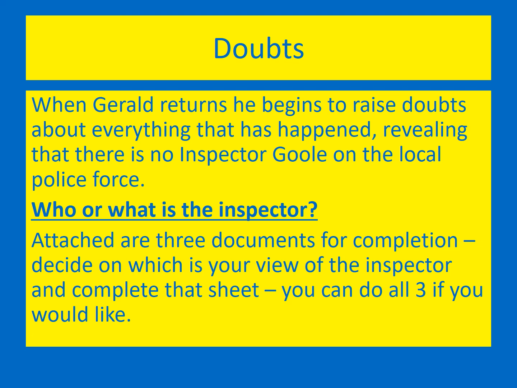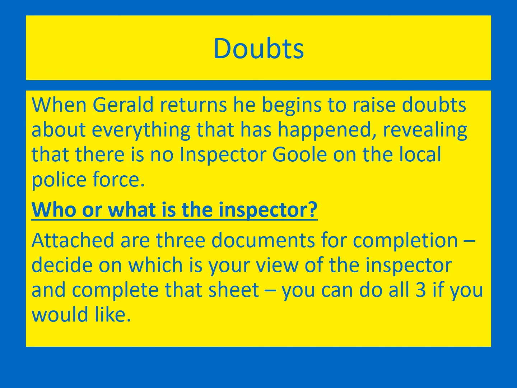Okay, so like I said, when Gerald returns, he raises doubts about everything that's happened, revealing that there is no Inspector Goole, and so Mr. Burling telephones. So you now need to make this decision. You need to work out who or what you think the inspector was.